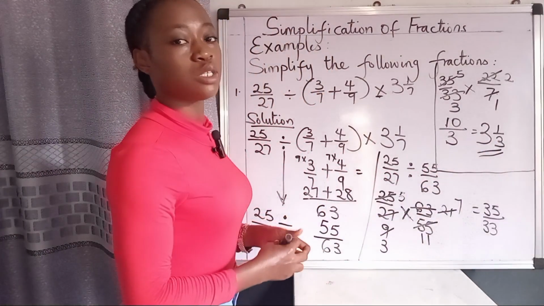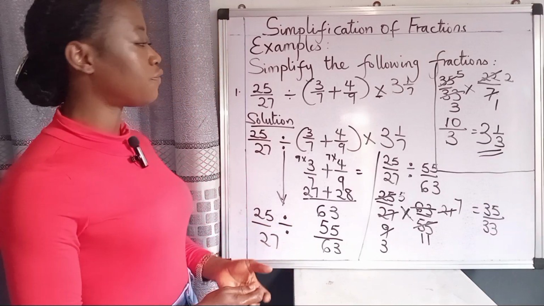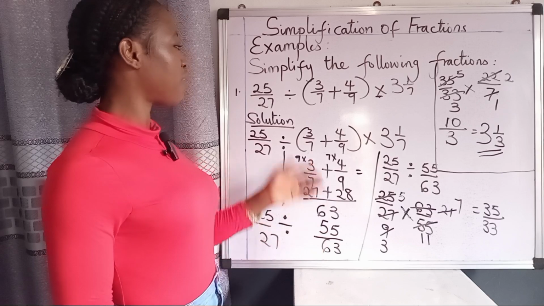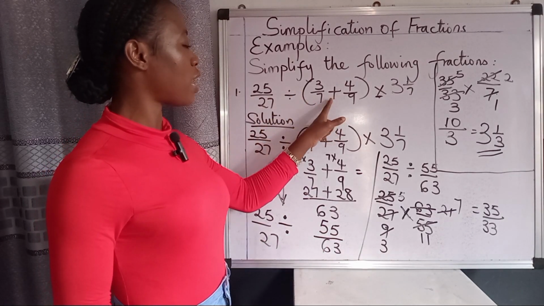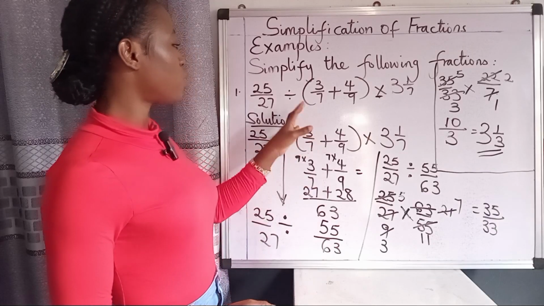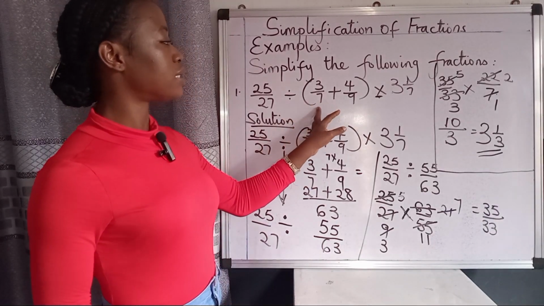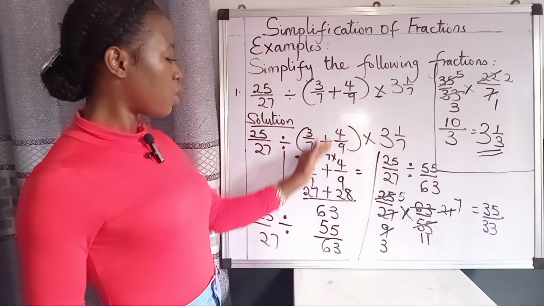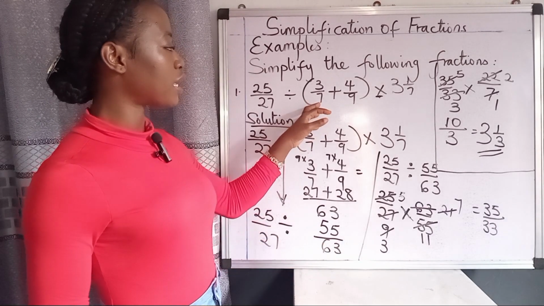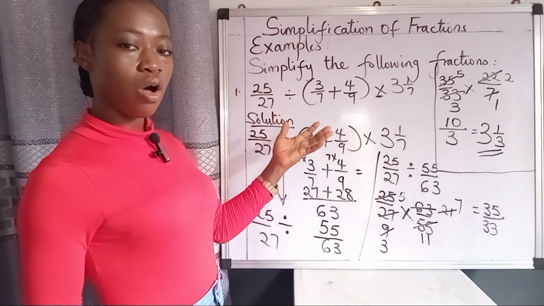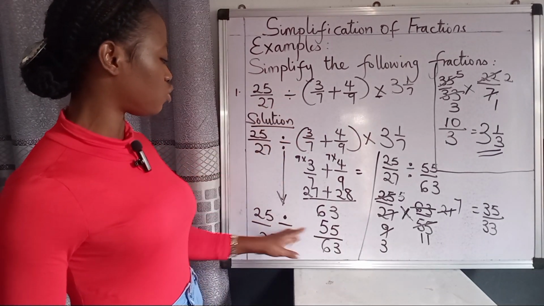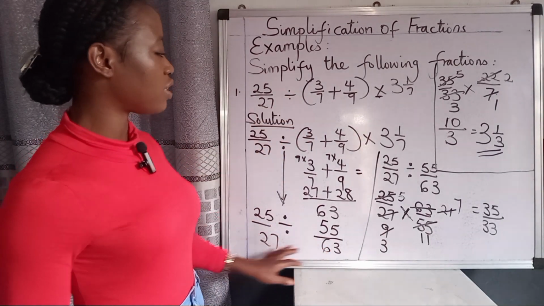I hope this is well understood. First of all, you take note of the signs you have in your question. We have division, we have brackets, we have a plus sign, we also have a multiplication sign. So the one that comes first is brackets according to BODMAS, and we worked it out. We got 55 over 63. Then after brackets, there is no of. Then we have division. So we bring down this division, divide what we have, and that's what we did here.